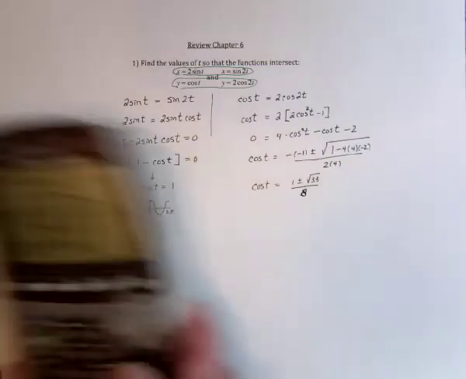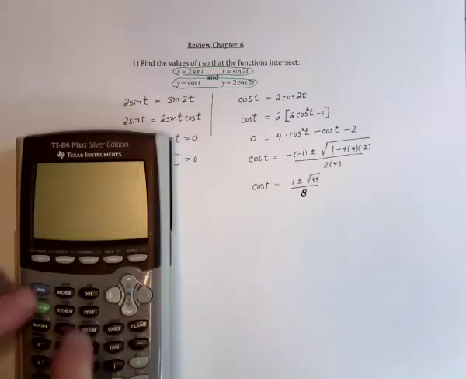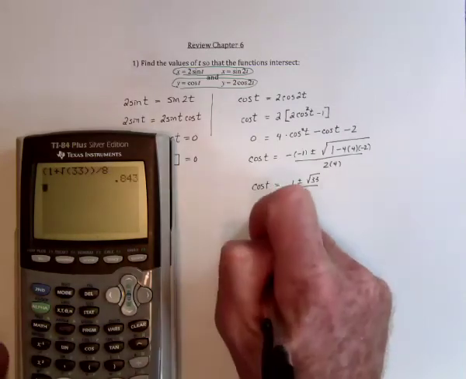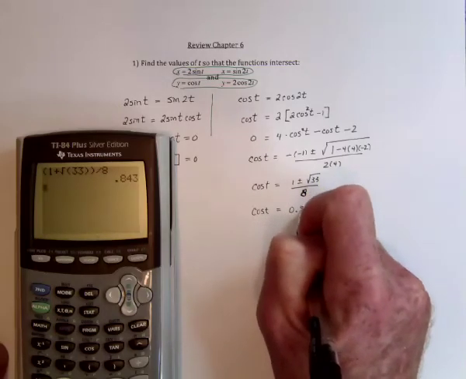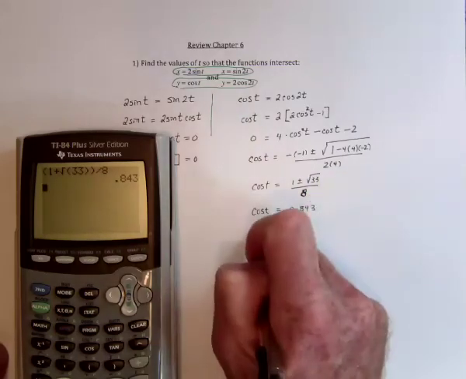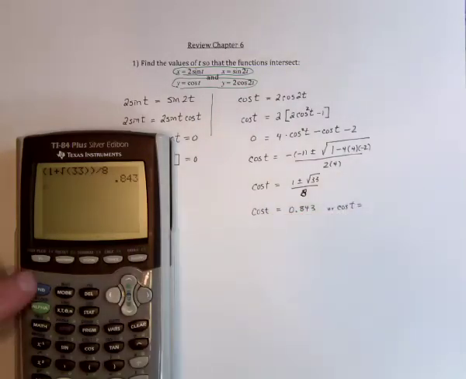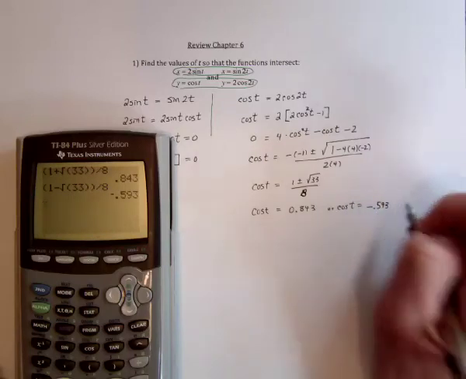Alright, now I need some decimals. So it's going to be 1 plus the square root of 33 divided by 8. So cosine of t equals 0.843, or cosine of t equals, so do the same thing except with subtraction in here, negative 0.593.